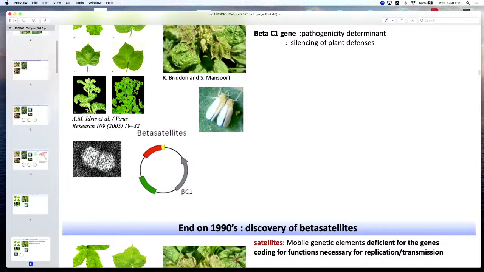Begomoviruses have 3 different types of satellites, but the most important one is the beta satellite, which has this gene, because it increases the symptoms of the viral disease. It is just this gene which is responsible for this increase of the symptoms. It can also increase the accumulation of the virus because it suppresses the plant defense system and then allows a higher accumulation of the virus.